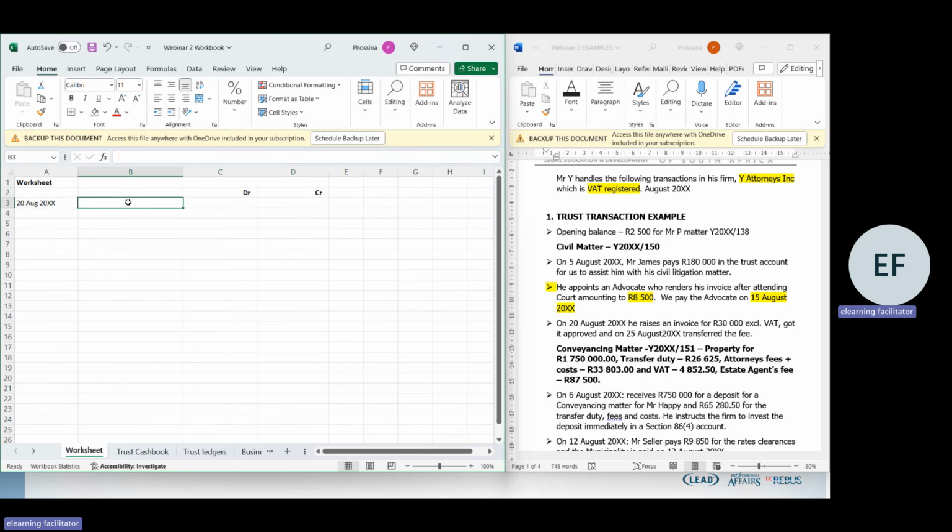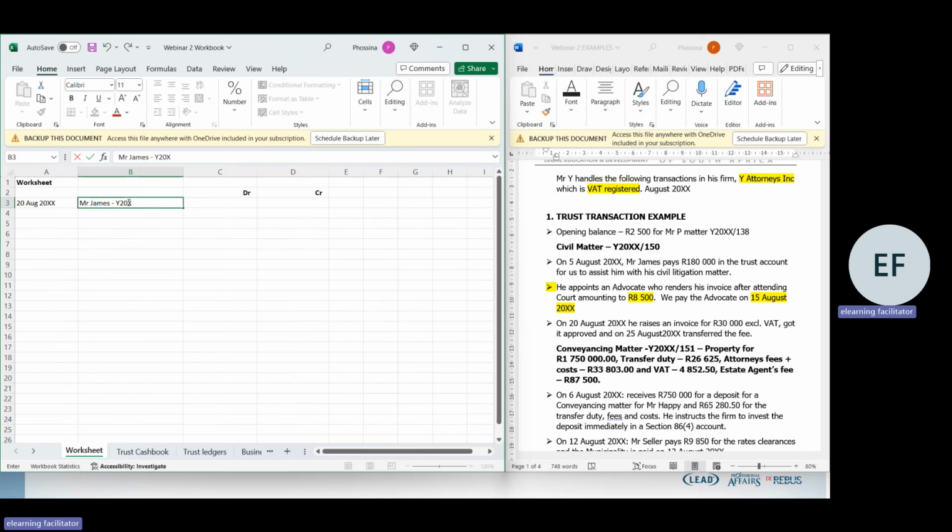Okay, so in this case, 20 August, it's an invoice. So with an invoice, what we do, we debit our client, which is Mr. James. It's an asset, it increases.